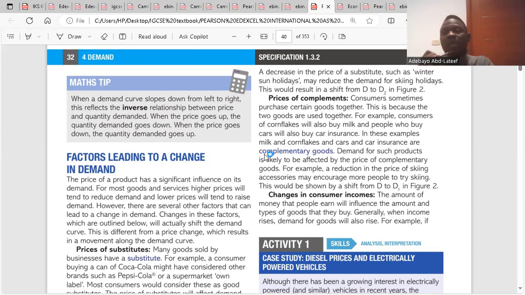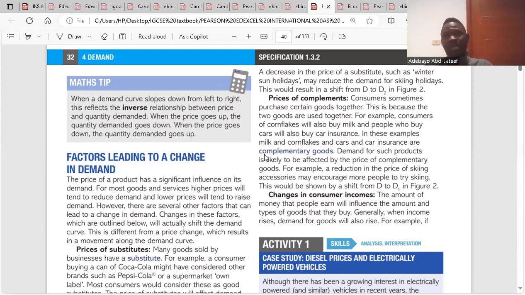So if the price of a complementary good falls, the demand for the product that it's used with might increase. So it's the opposite of the case of a substitute good. If the price of a complementary good falls, the demand for the product it's being used along with might increase, because the price of the complement has fallen, which means its quantity demanded will increase.